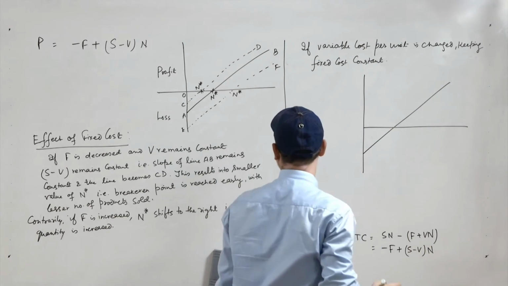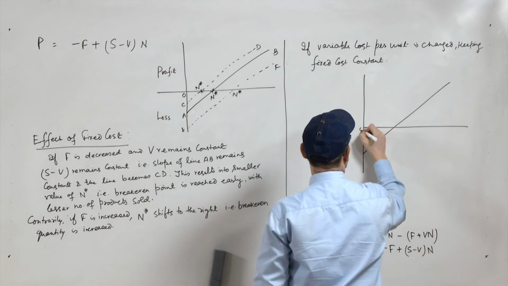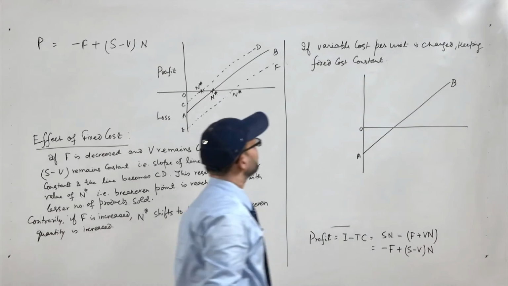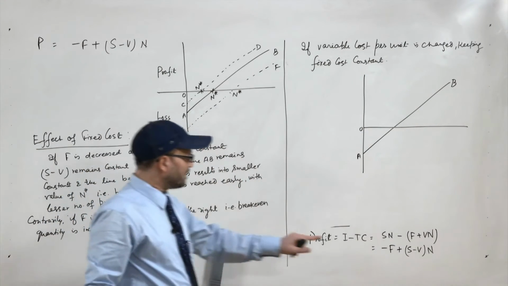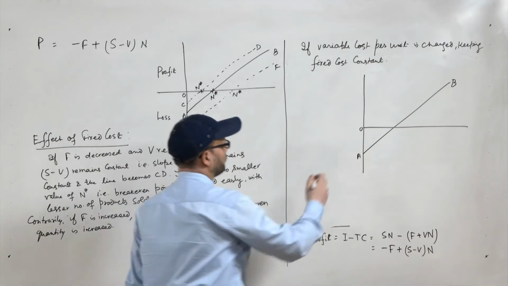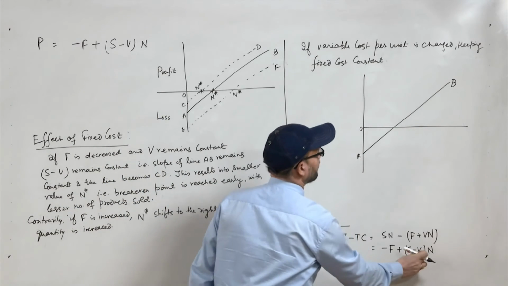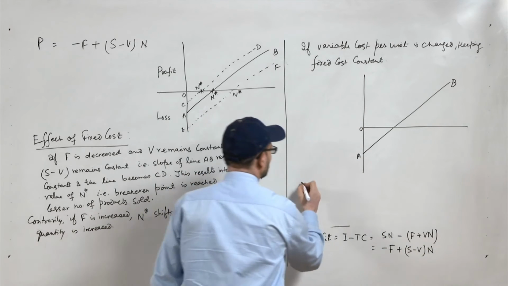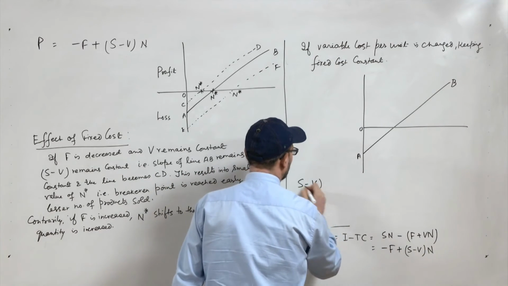We had this function. Now, if the variable cost is increased, this S minus V is the slope of the line.